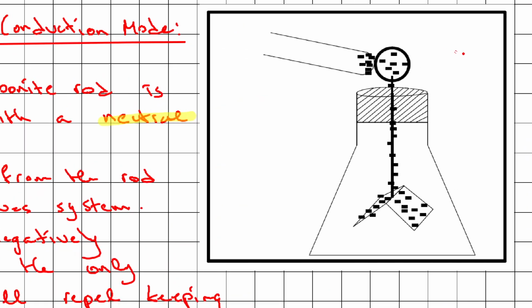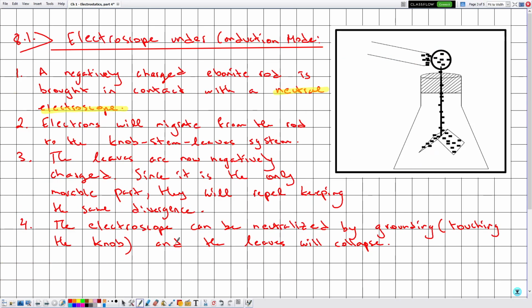Now suppose the rod is removed away and we touch the knob: the electrons found here are gonna escape across the knob, and by that the leaves will carry no more negatively charged particles, the electrons, and they will collapse again. So this is the electroscope under conduction mode.